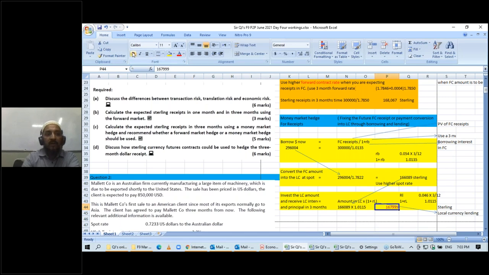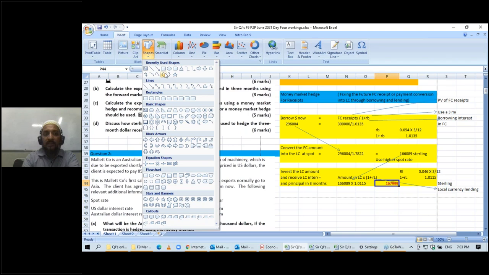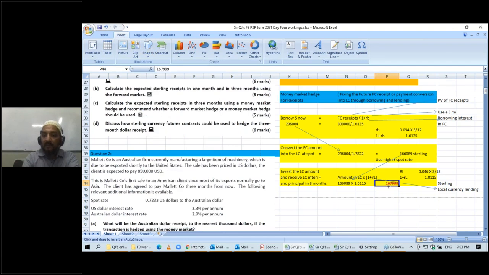So this amount in red is the local currency amount that you will receive in 3 months' time, which is fixed, and it is hedged. Remember, this amount was asked from you in the question, right?